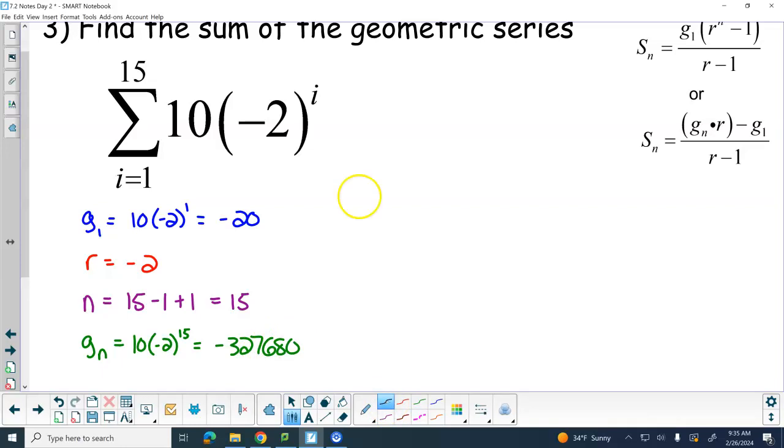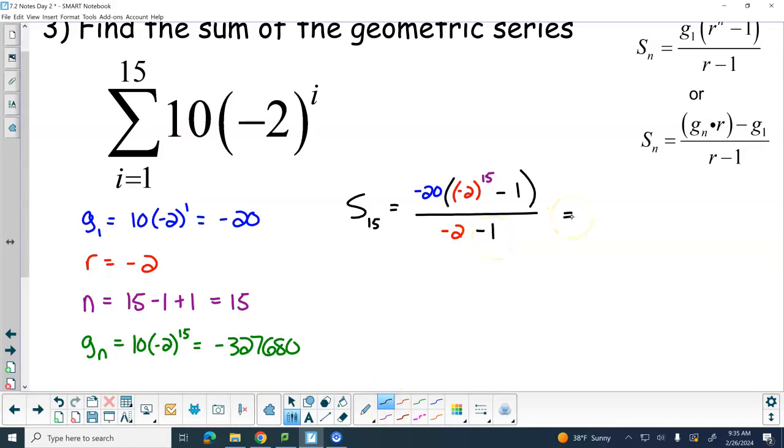So if I use the first one, I would have negative 20 times negative 2 raised to the 15th power minus 1, all divided by negative 2 minus 1.